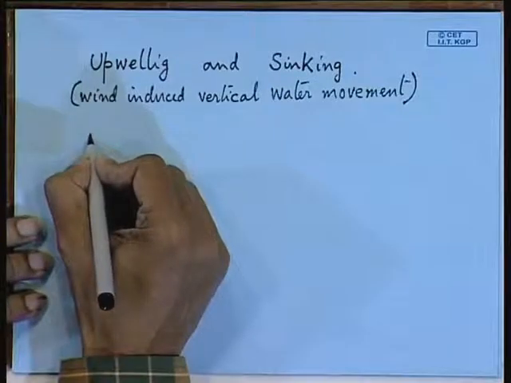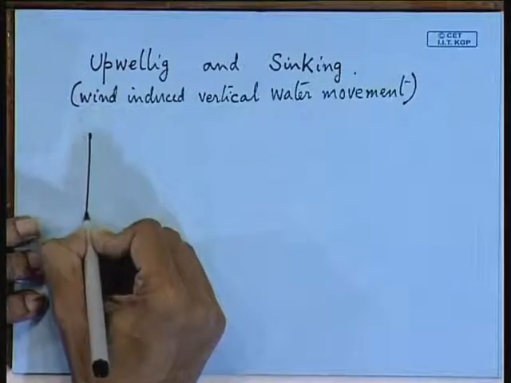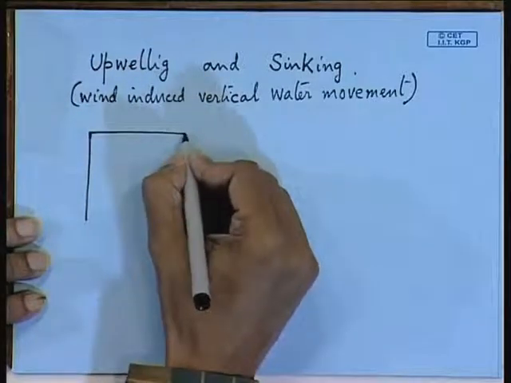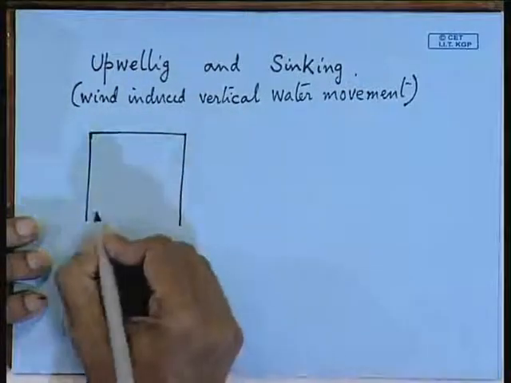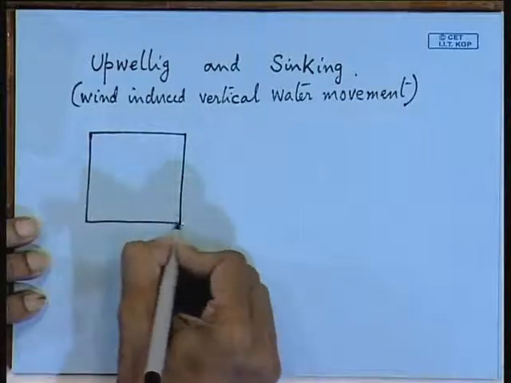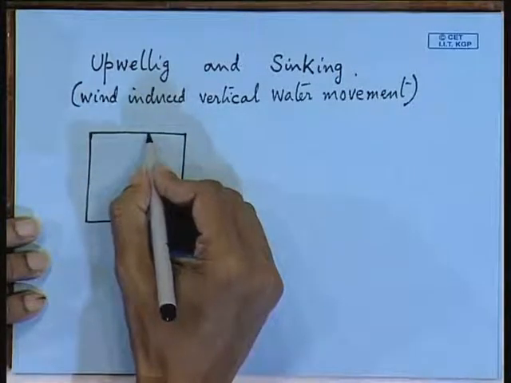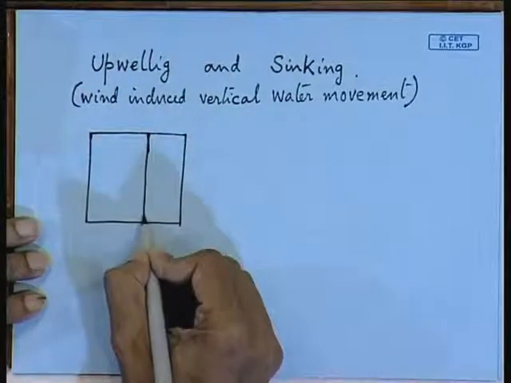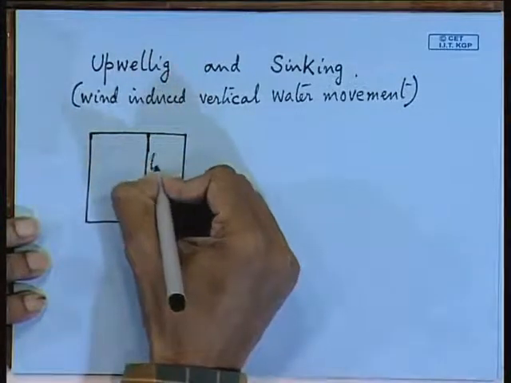So this is the dynamics of your upwelling. Say you have a mass of land on the right hand side, say a beach or a shore. So this is your land mass.